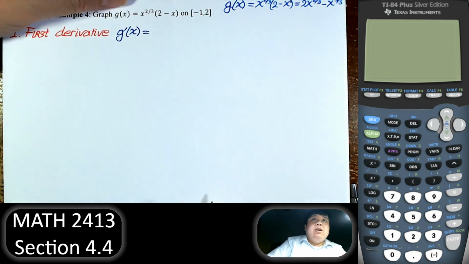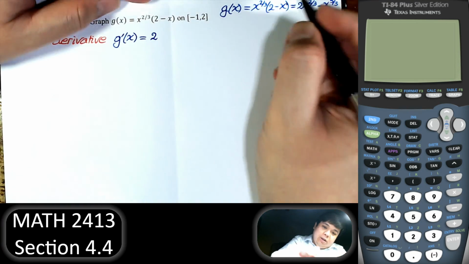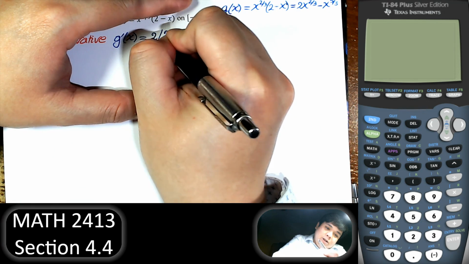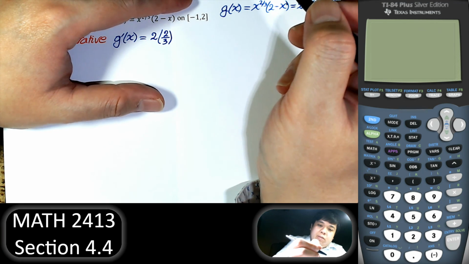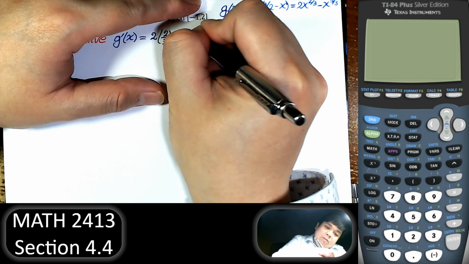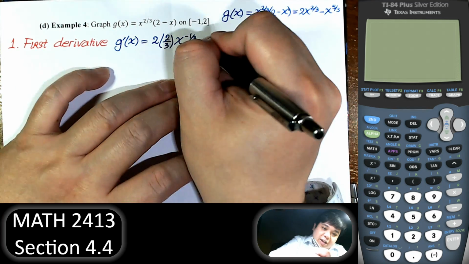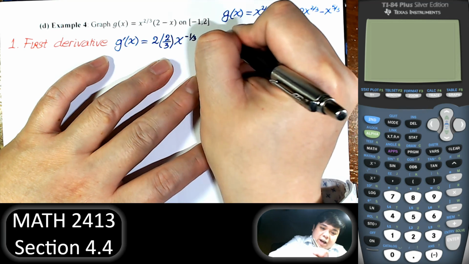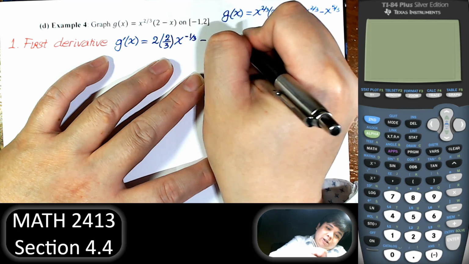So we take the derivative of that. We have 2, and then take down the power, 2/3. Original power minus 1: 2/3 minus 1 is minus 1/3. And same thing here: take down the power, and then original power minus 1. 5/3 minus 1 is 2/3.